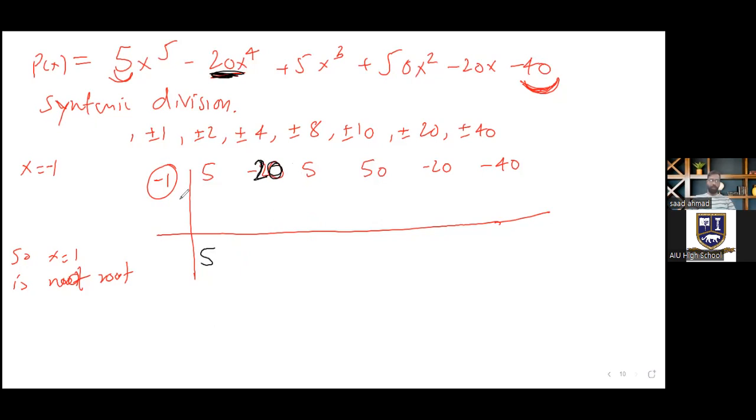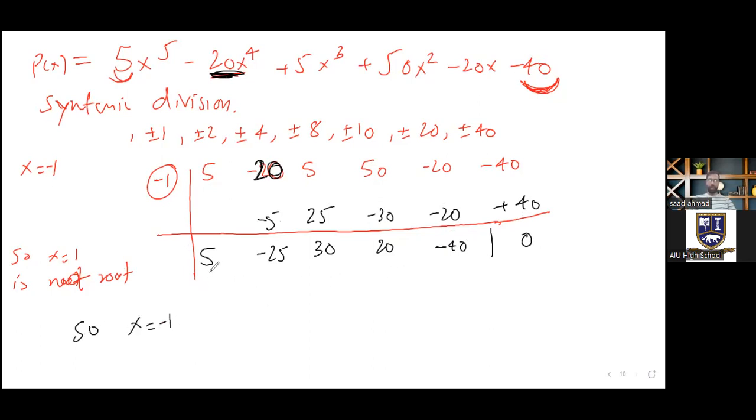So 5, then -5 gives us -25. -25 times -1 is +25. That will become 30. 30 times -1 is -30. That will give us 20. 20 times -1 is -20, and that will give us -40. -40 times -1 is +40. Okay, so we got a root. So x equals -1 is a root.